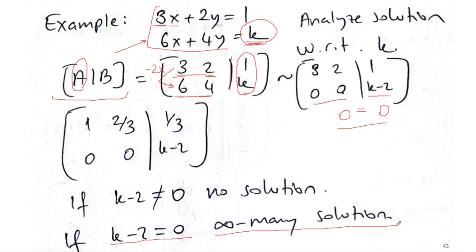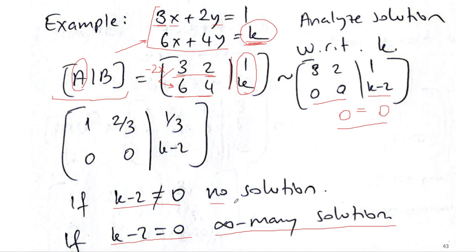That implies infinitely many solutions, because two unknown variables and one equation is the equation of a line, which implies infinitely many points that pass through this line. If this is not equal to 0, but for example equal to 1, 0 is not equal to 1, so that is an inconsistency, and we don't have any solution.